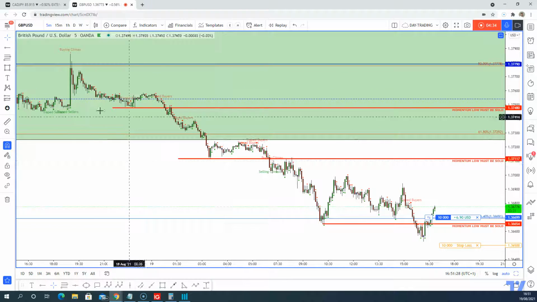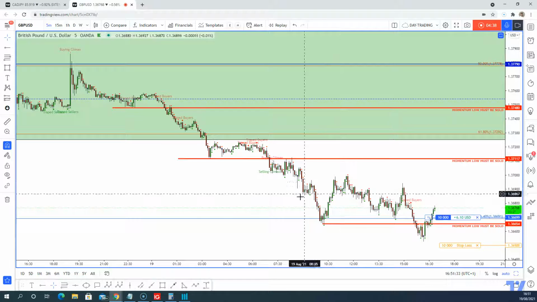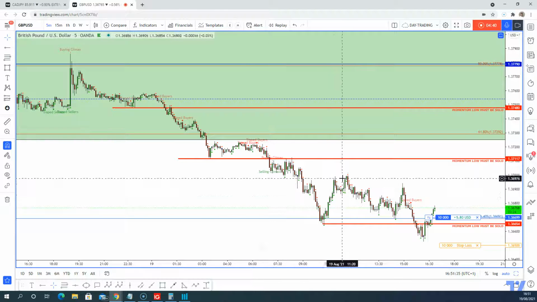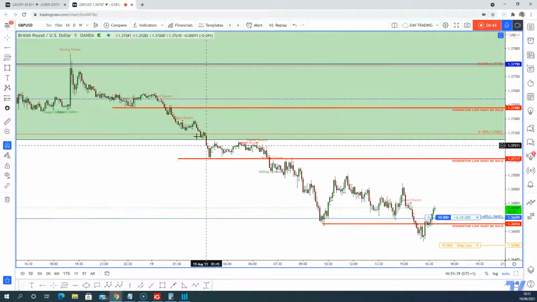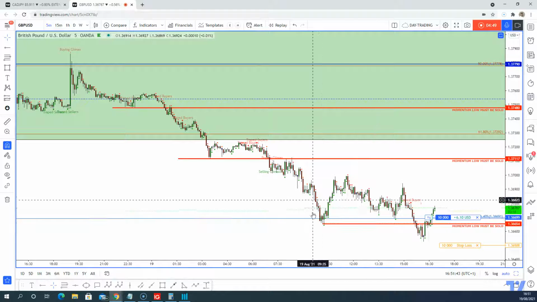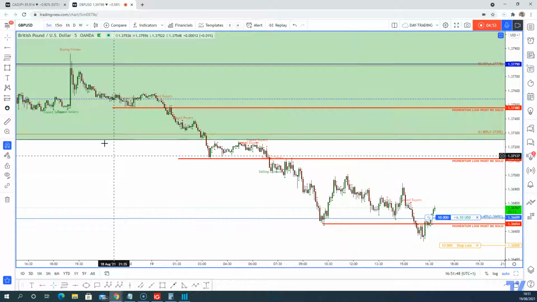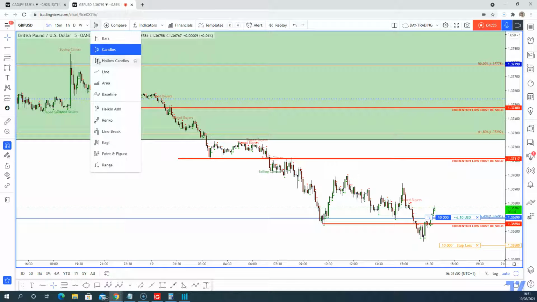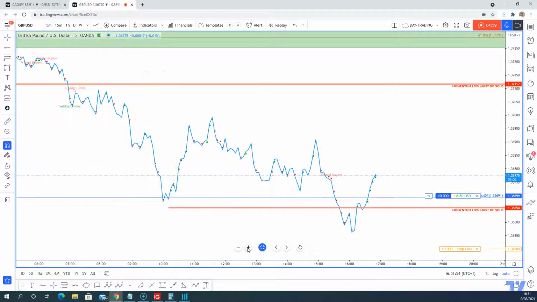So let's compare the correction of this one, the correction of this one, and this one to see whether this is a different kind of move than these two. As we can see, this actually printed a completed wave structure to the upside. I like to utilize line charts when things become very muddy sometimes.